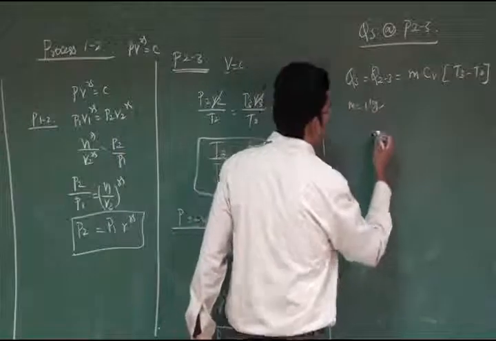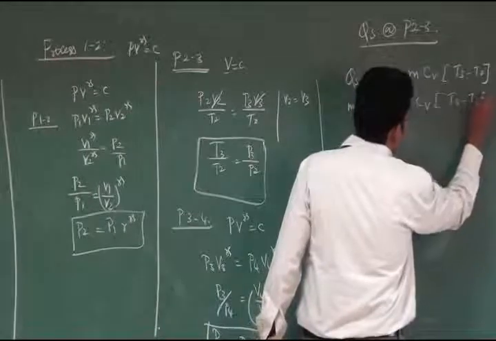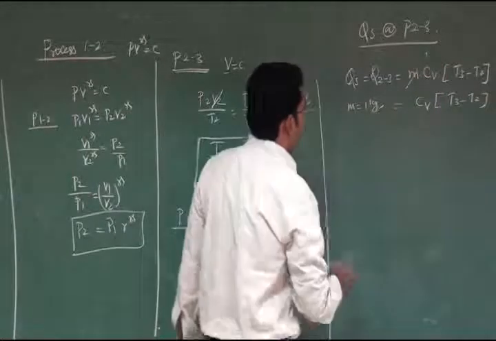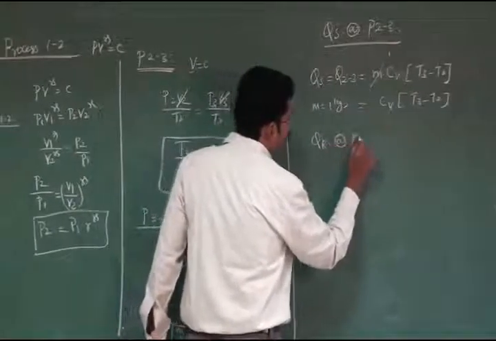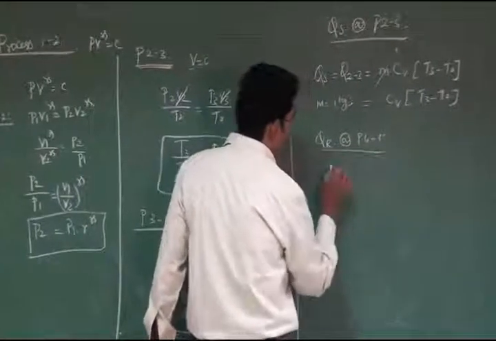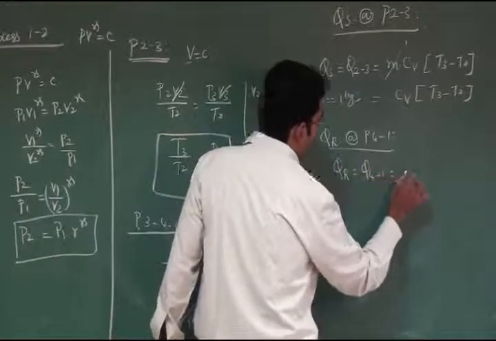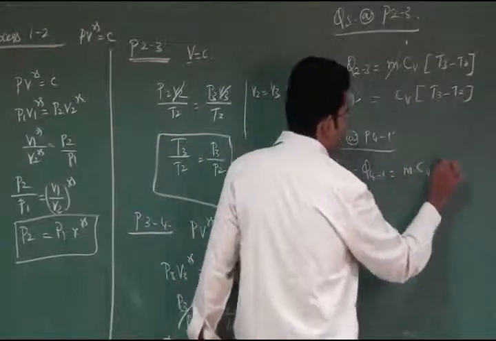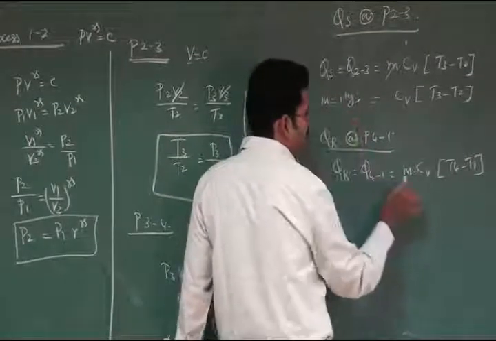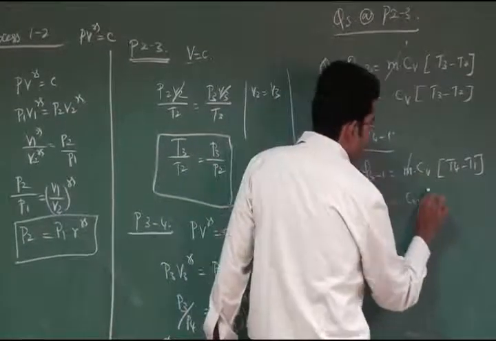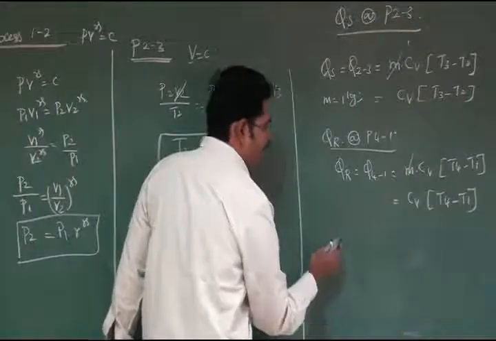Then the equation becomes Cv into T3 minus T2, as M will be 1. Now heat rejection is carried out at process 4 to 1. Q heat rejection can be written as Q4 to 1 is equal to M into Cv into T4 minus T1. As we consider M is equal to 1 kg of mass, it can be cancelled, then Cv into T4 minus T1. And we know what is work done?